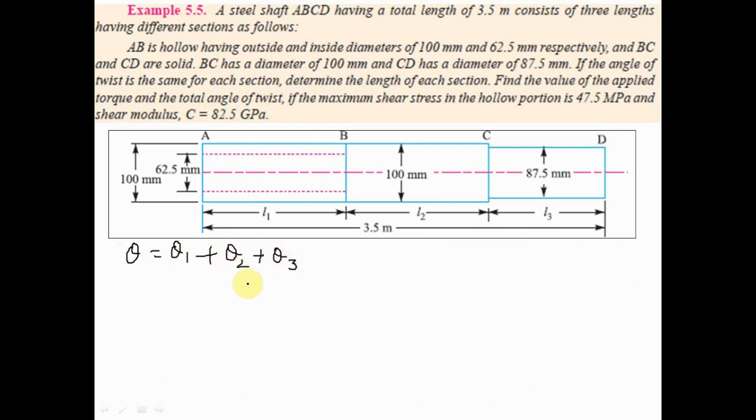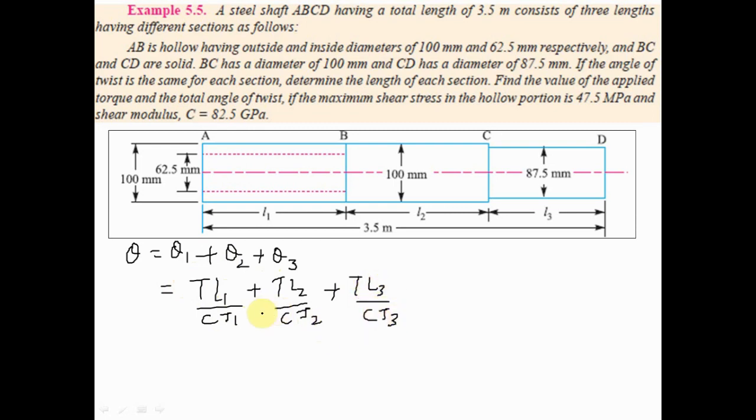So theta 1 plus theta 2 plus theta 3. This will be the total angle of twist. We can write it further as TL1 by CJ1 plus TL2 by CJ2 plus TL3 by CJ3.